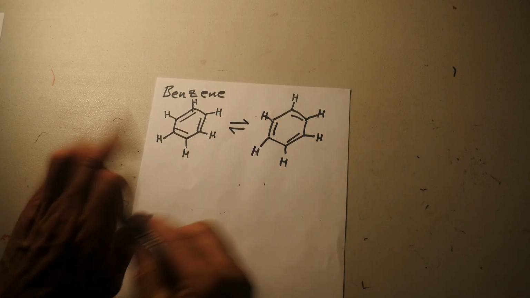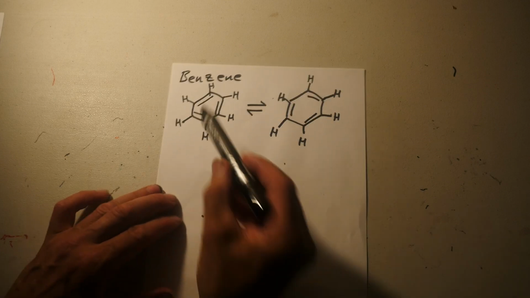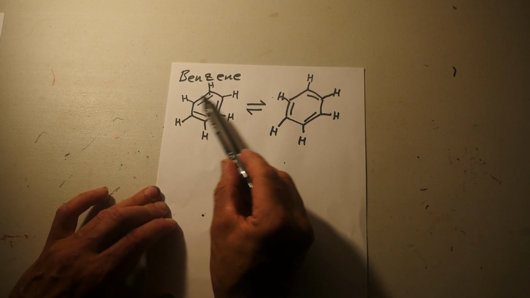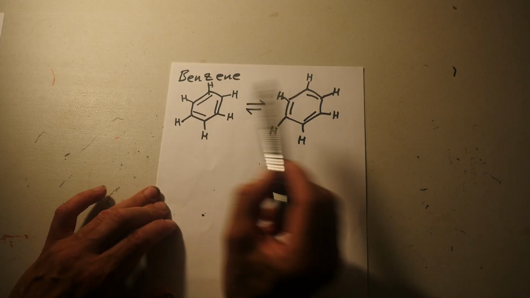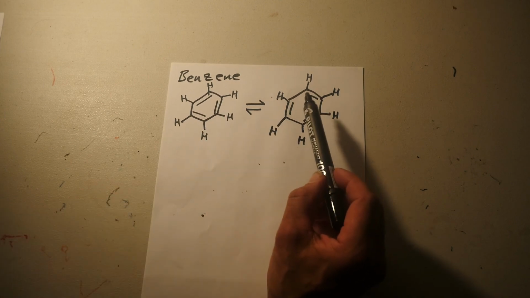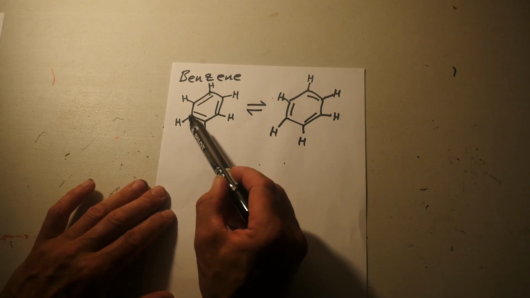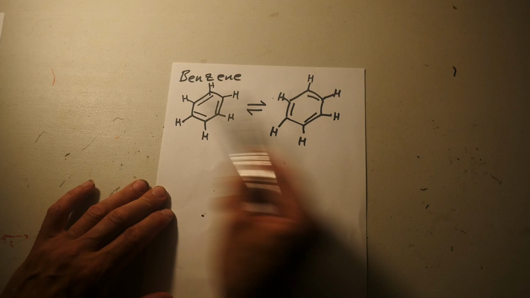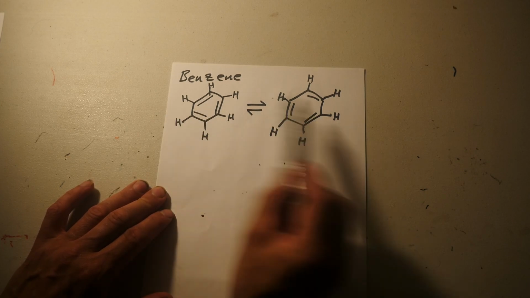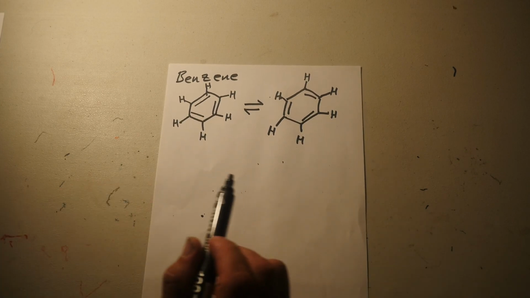Okay, so it's either this one or this one, where the carbon double bonds alternate, and this is the equilibrium sign there. It actually alternates between both.